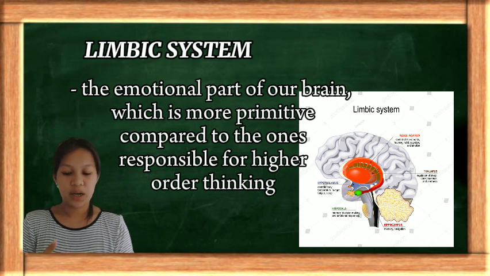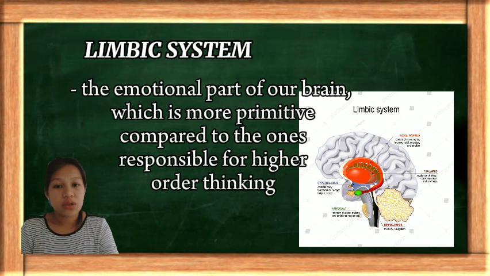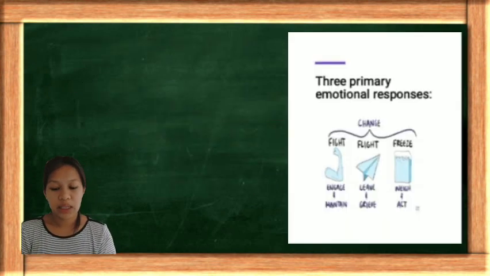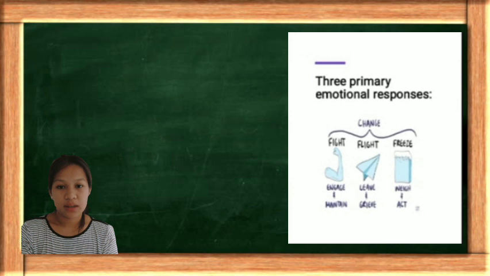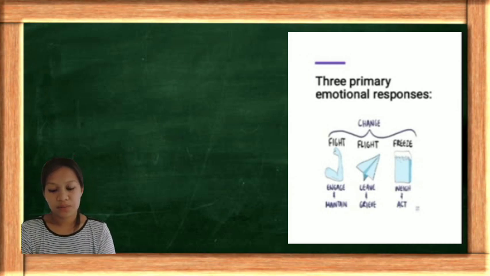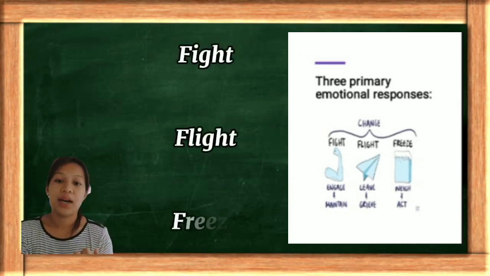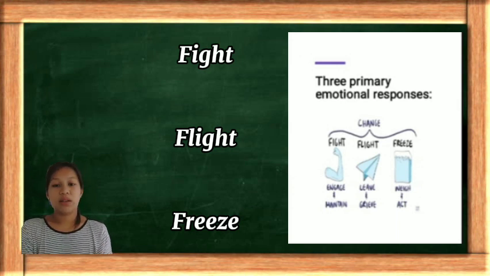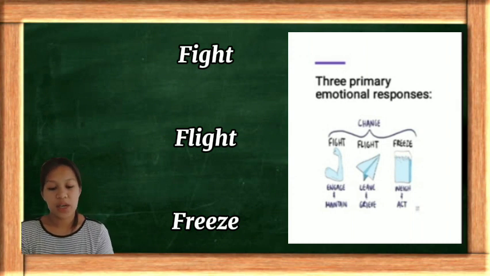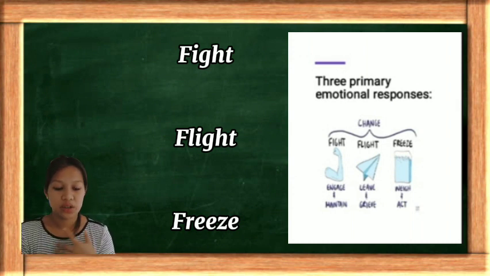It will help us to think of a particular case. We also have here the three primary emotional responses: fight, flight, and freeze. The fight response is when we face adverse or dangerous stimuli squarely.